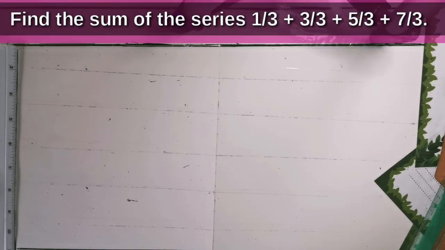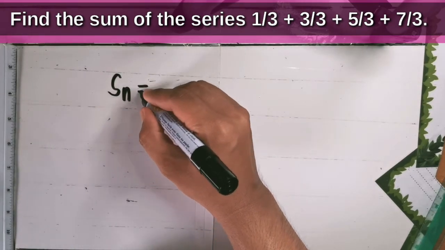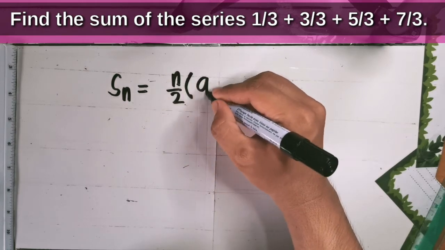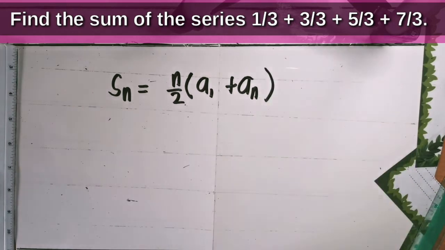Now how about find the sum of the series 1 over 3 plus 3 over 3 plus 5 over 3 plus 7 over 3. Same thing, let's use the formula S sub n equals n over 2 times a sub 1 plus a sub n. Since alam naman natin kung ano yung last term.